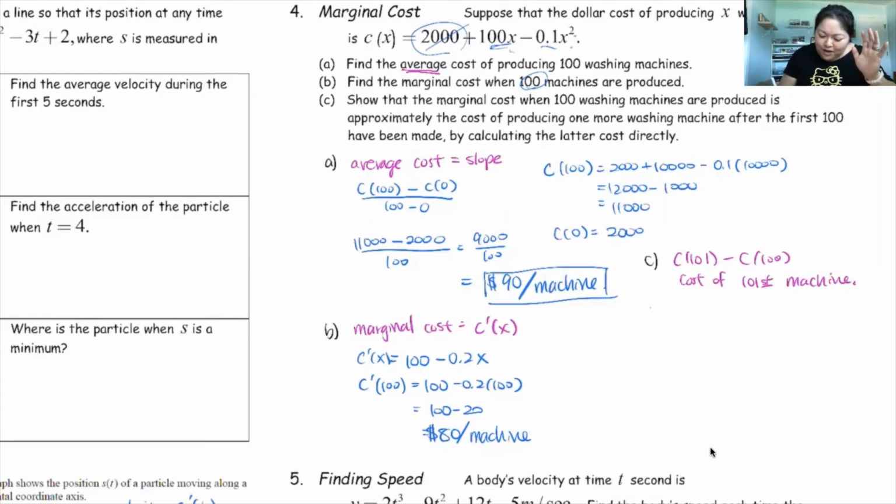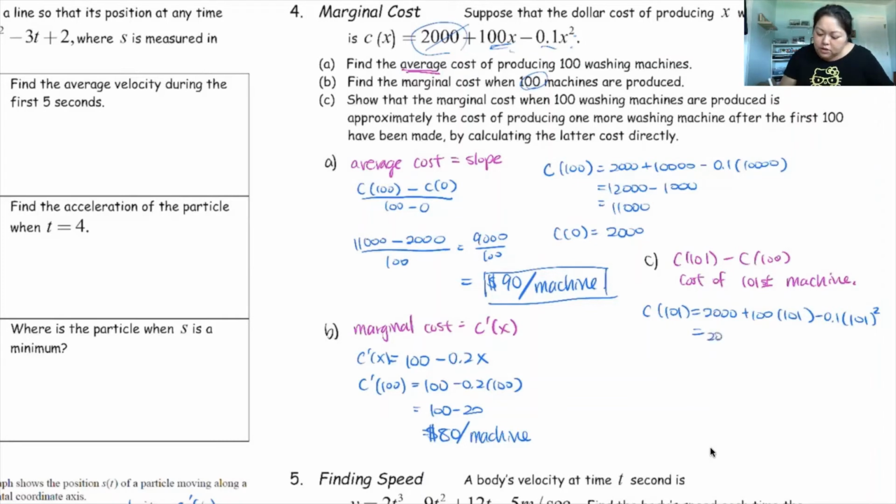So let's see, the cost of 101 is 2,000 plus 100 times 101 minus 0.1 times 101 squared. All right, yes, you could use a calculator for this. I really don't expect you to do this part by hand. But again, try to refrain from using a graphing calculator, just because you really want to get the hang of it.